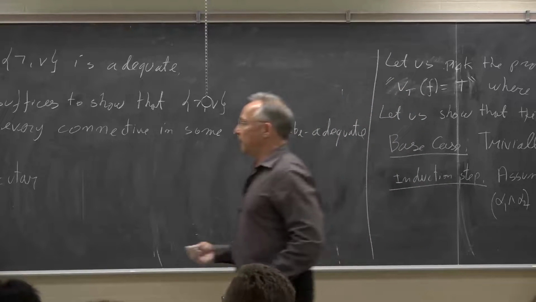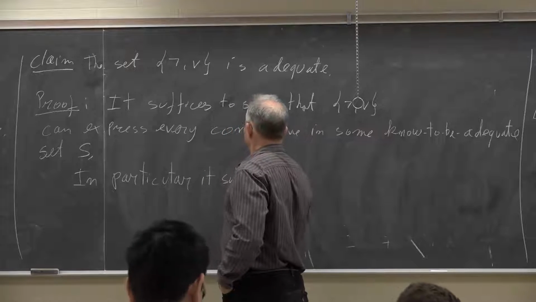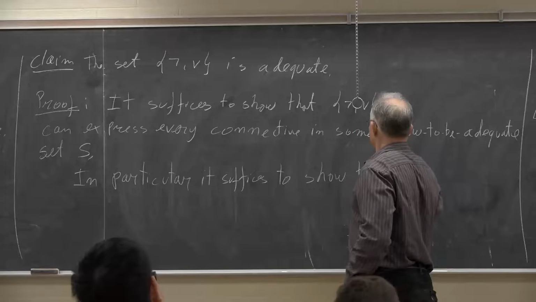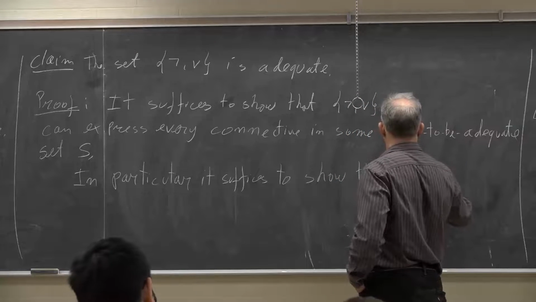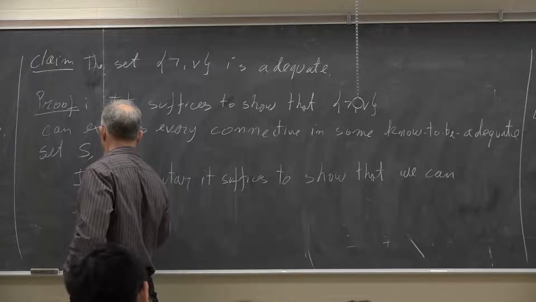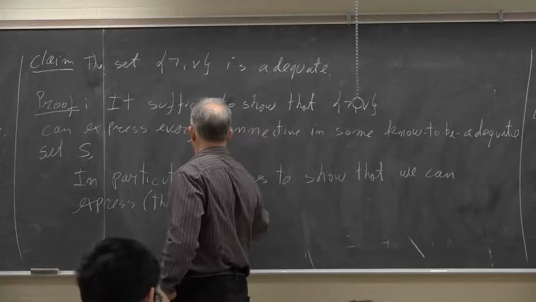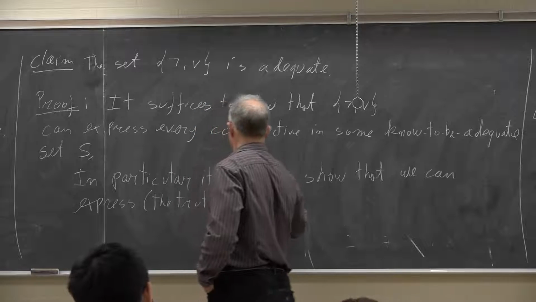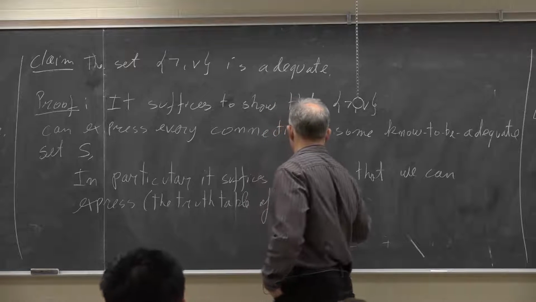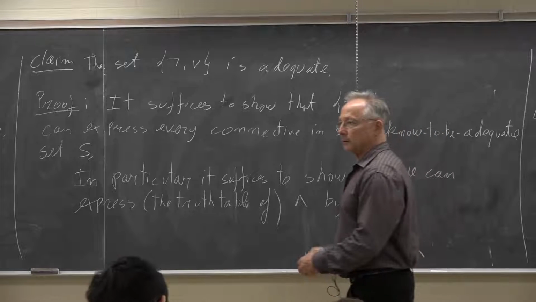So in particular, it suffices to show that we can express the truth table of the missing connective by negation and OR.